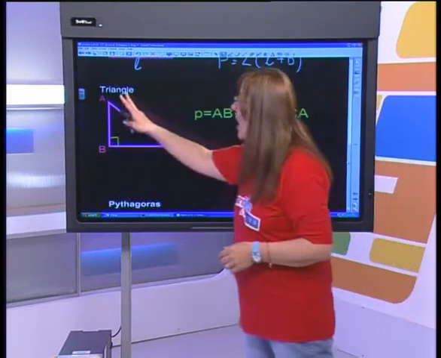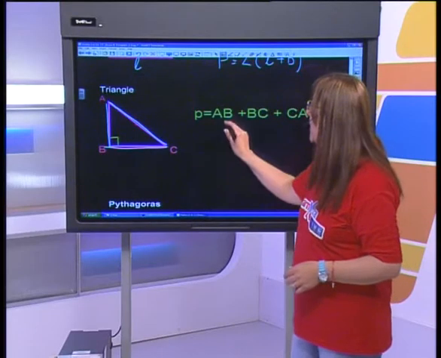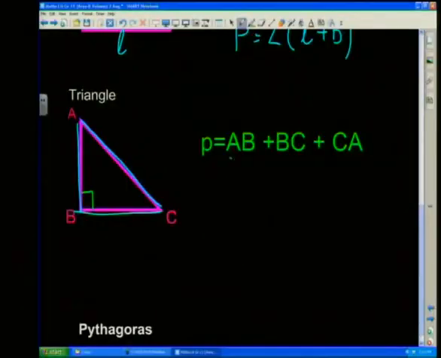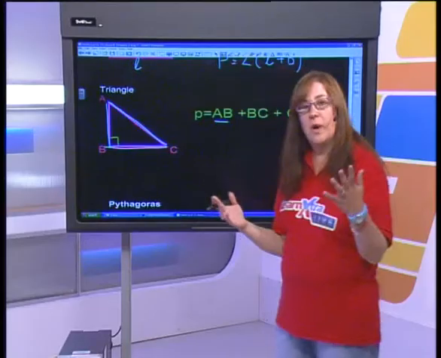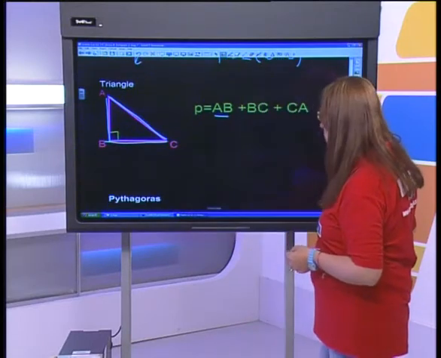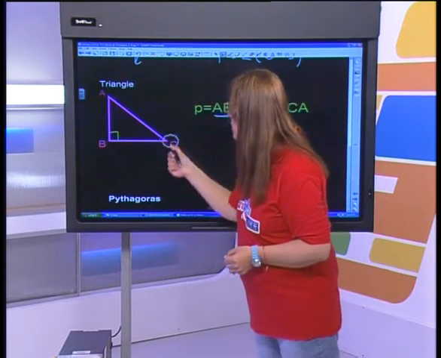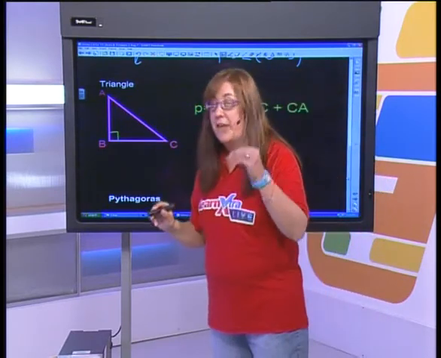Our triangle's perimeter is side plus side plus side. We've got AB, that's the one side, plus BC plus CA, so it's side 1 plus side 2 plus side 3. Quick recap of Pythagoras. If we look at our triangle again, what does Pythagoras say?